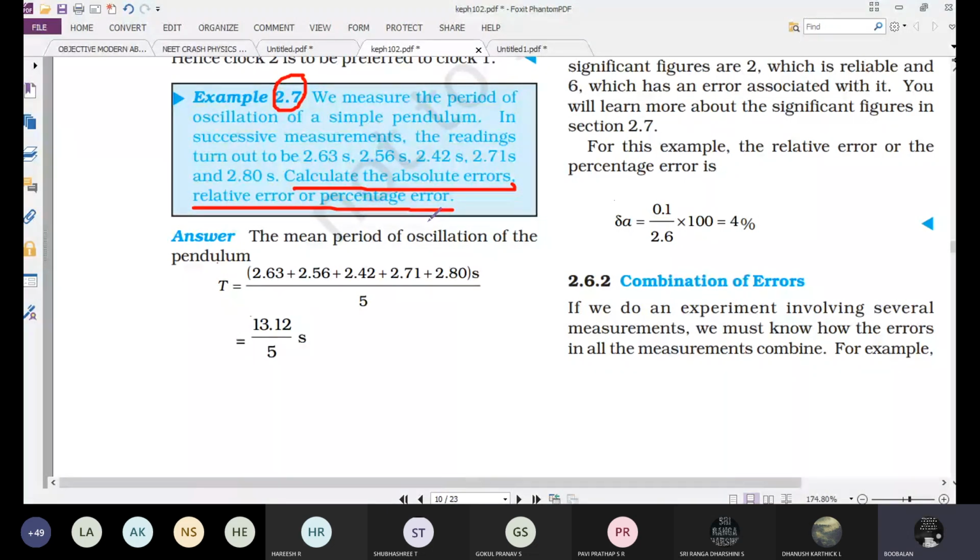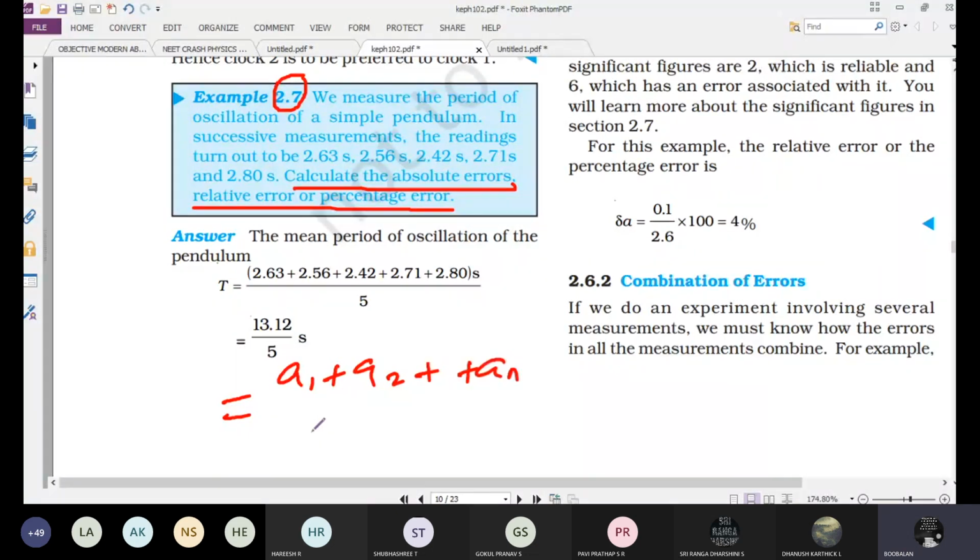Okay, listen. The true value formula is A1 plus A2 plus up to AN divided by N. True value and mean value are the same only. So 2.63, 2.56, 2.42, 2.71, 2.80, I am adding everything and dividing by 5.